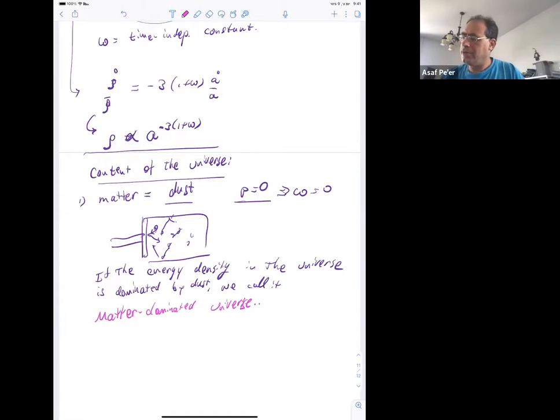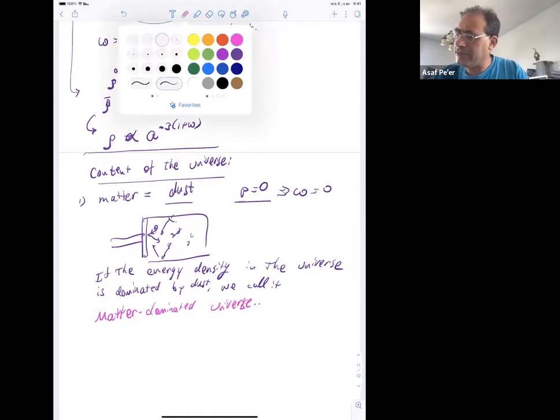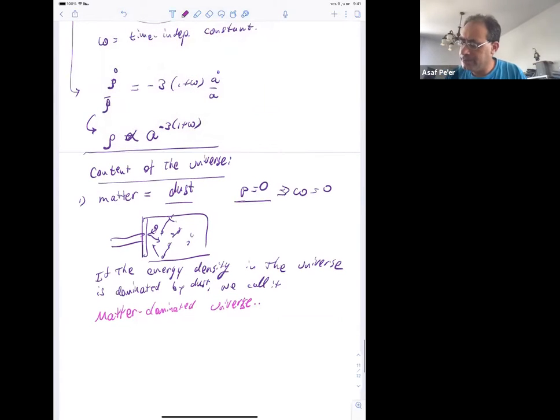Now, how would the energy density in a matter-dominated universe change in time, or change with the scale factor from here?